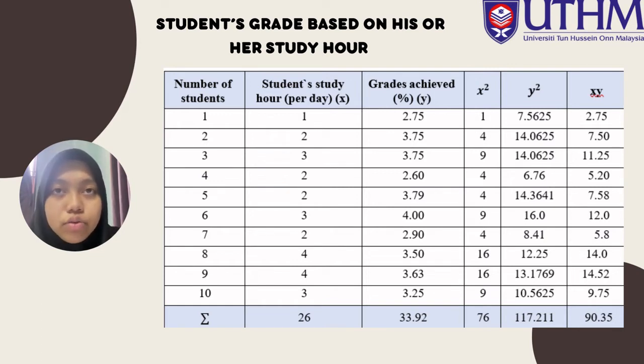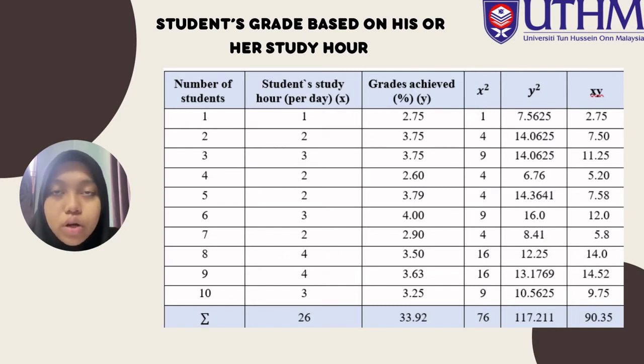After you get all the values of X square for each student's study hours per day, you need to total all of them. For the value of Y square, you take the grade achieved, which we label as Y, and square it the same way as X square.